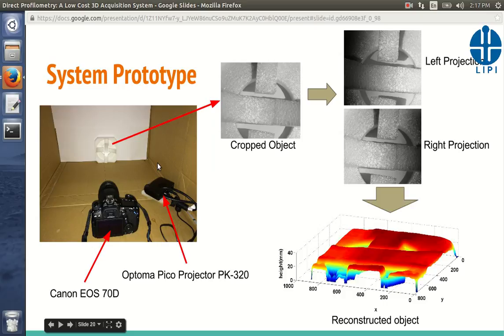Okay, so here we built a system prototype. We use a Canon EOS 70D and an Optoma Pico projector, and this is the object.